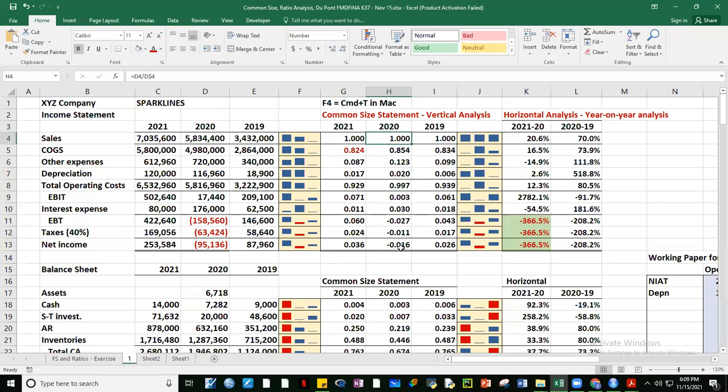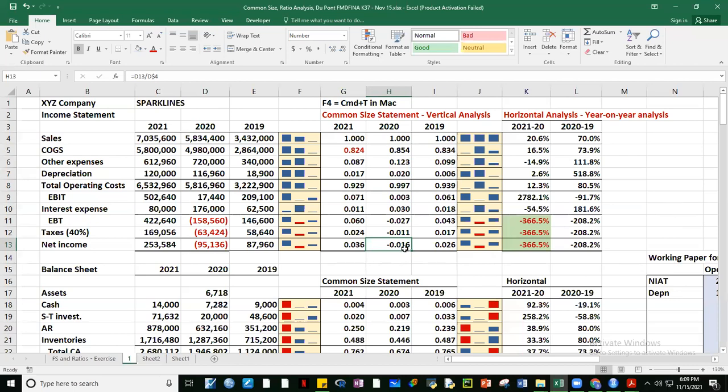That's why our net income in 2020, we were suffering from a net loss, 1.6 centavo loss for every peso of sales, which means that for every 1 peso of sales, we are spending around 1 peso and 1.6 centavos of cost.